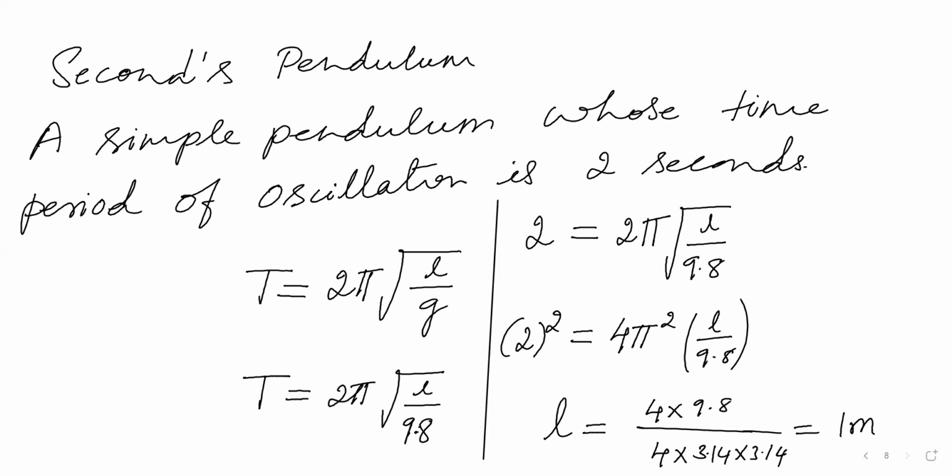Then to achieve one oscillation in 2 seconds, the length of the thread must be equal to 1 meter. If you want to say that the pendulum is a seconds pendulum, then the length of the thread is 1 meter. Then it will do one complete oscillation in 2 seconds.